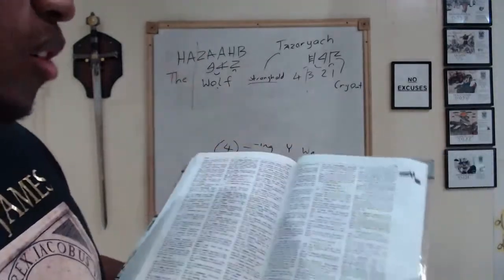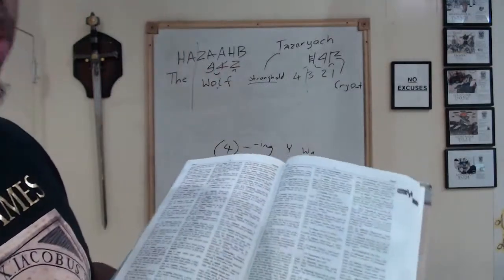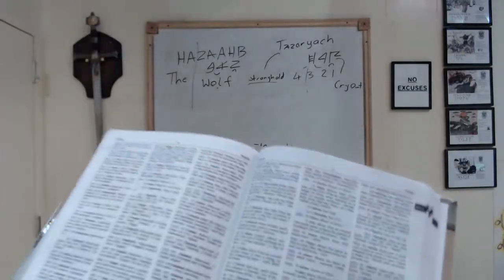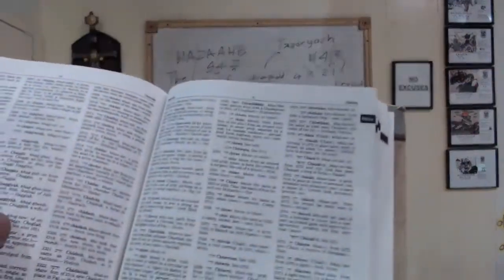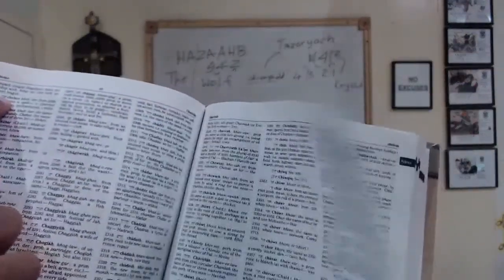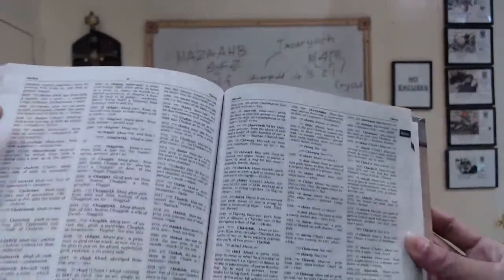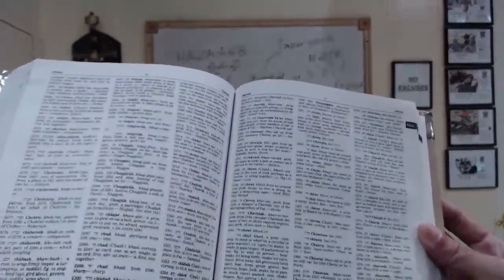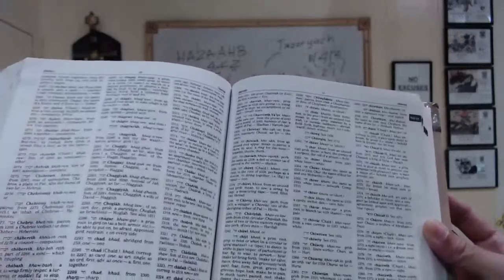We want to find Tazara, which is the basis of Captain Tazaryah's name. If you want to look, yes, it's all right. I'm going to see if I can get it on the camera. So Hebrew alphabetical order, we're at Ta right now. We need Tazara. So the alphabetical order is Ta, Teza.